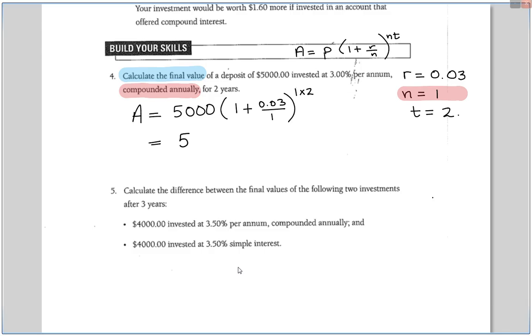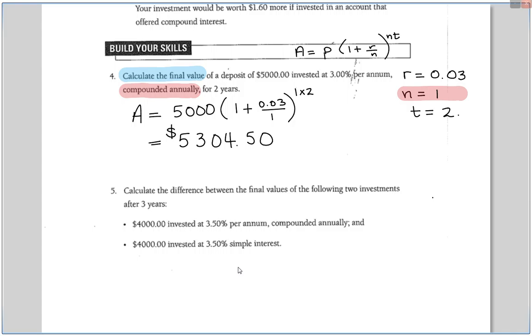What was the number? Just say the digits for me. 5, 3, 50. Oh, you typed in 500 instead of 5,000. Okay, now stare at this number and compare it to the original amount.